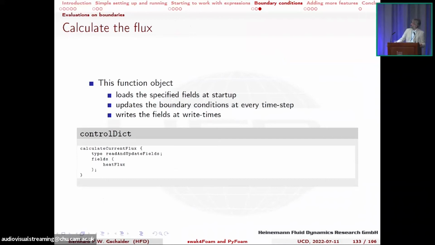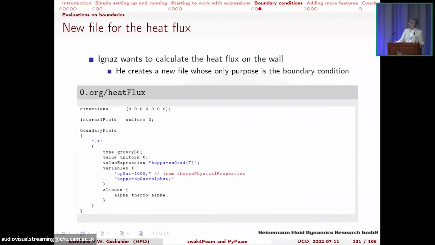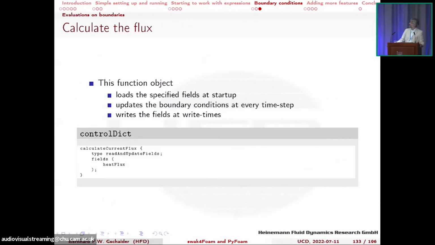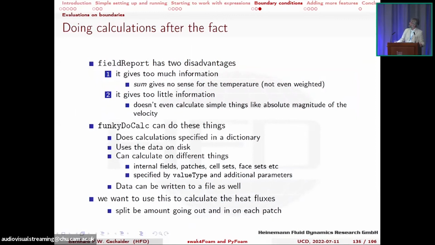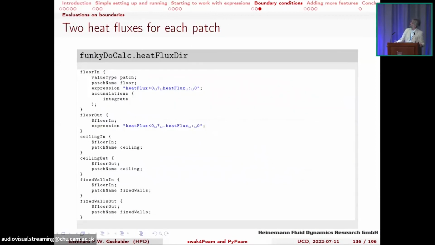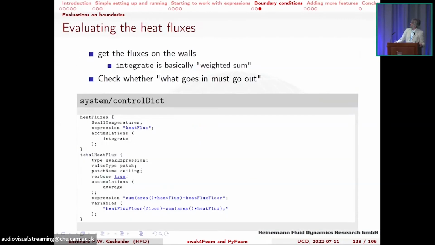It reads the field heat flux and updates this field at every time step, and writes them out for post-processing automatically. So you can use this expression to calculate the local heat flux, or use it in other expressions. Okay.